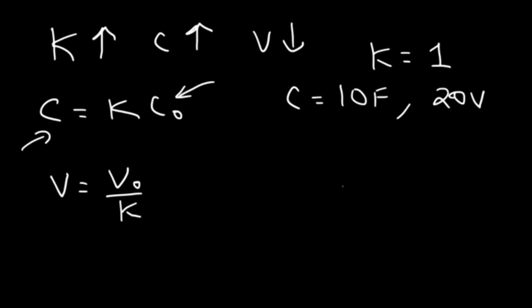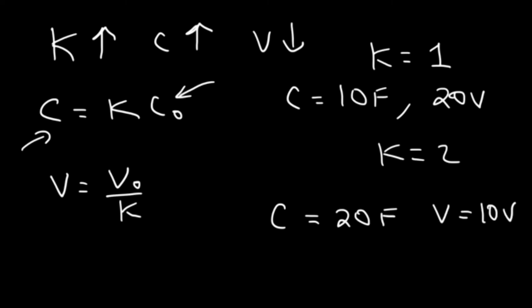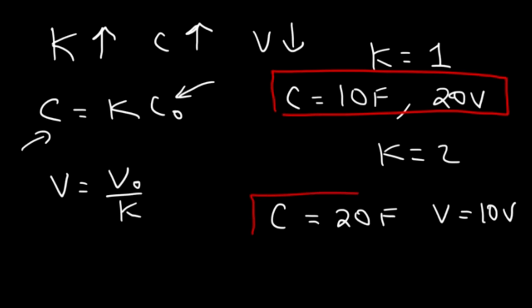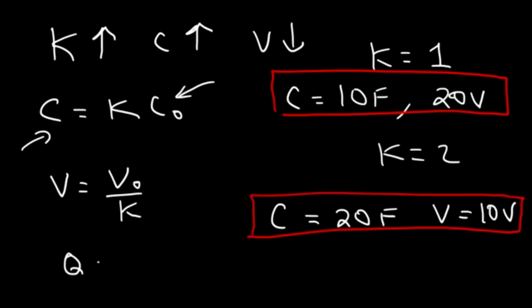Now, let's say if we add a material and the dielectric has a constant of 2. The insulator has a dielectric constant of 2. The capacitance will increase to 20, but the voltage will decrease to 10. So by increasing a dielectric, you will increase the capacitance, but you will decrease the voltage proportionally. But notice that the total charge remains the same.